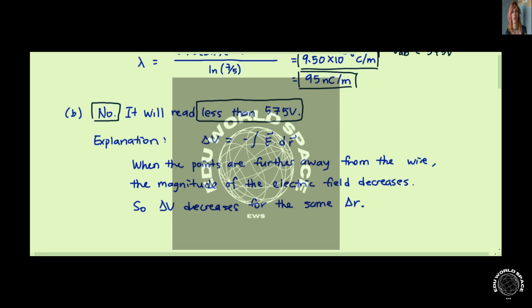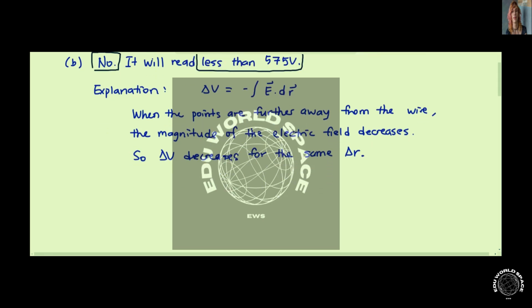Or you can refer to the formula from the previous question: VA minus VB is lambda over 2 pi epsilon naught times natural log RB divided by RA.